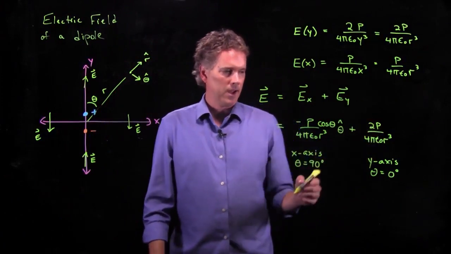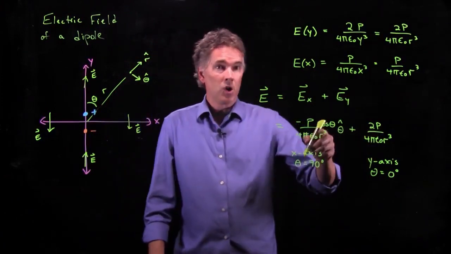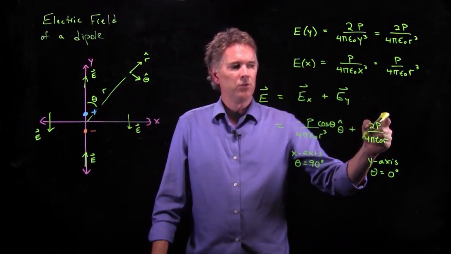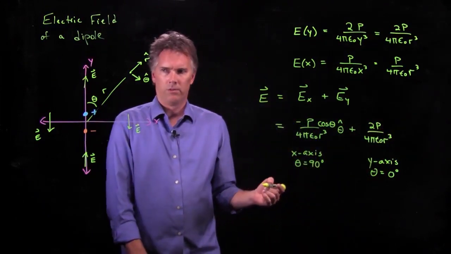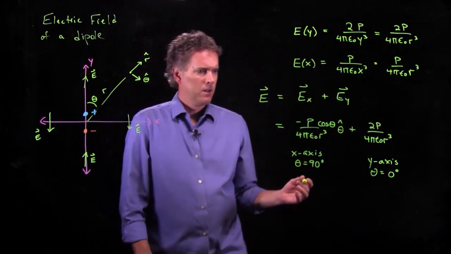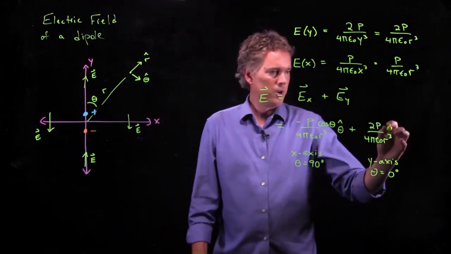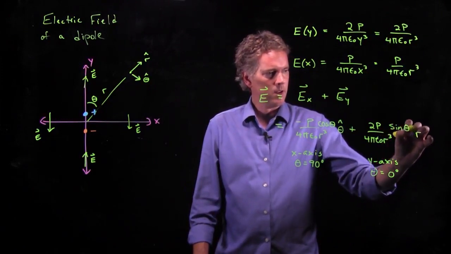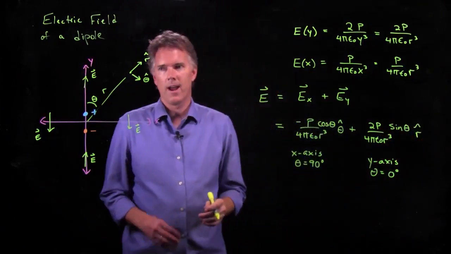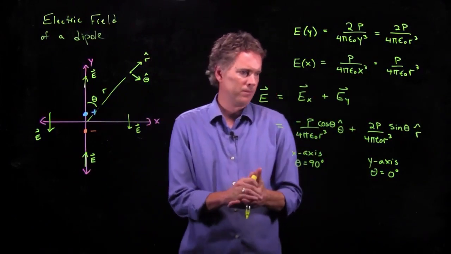What about this guy? Well, if we use cosine in this one, it makes sense that we would use sine on this one. And let's see if that works, okay? I'm not convinced that it does, so we'll try it. Sine of theta, and that's going to be an r hat. Let's see if that works.